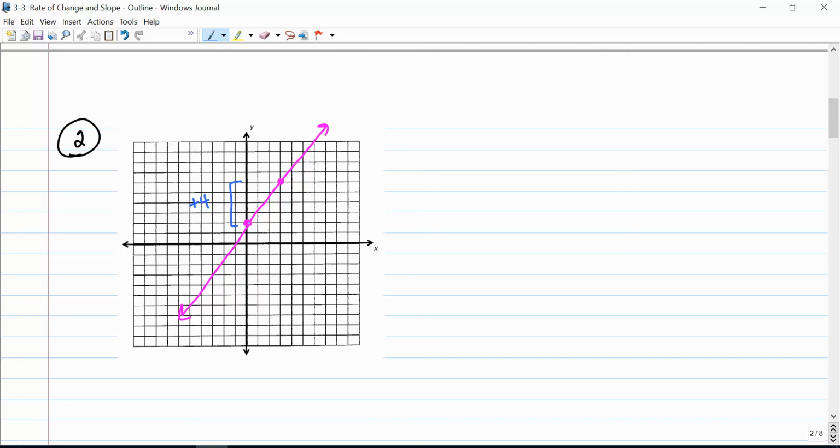And as I go from this point to that point, my change in the x direction is this right here, and that's a positive 3. So my rate of change is going to be a positive 4 over a positive 3, or leave it as a fraction, 4/3. And whenever we're talking about rate of change, or as we'll see in a minute, slope, we always leave it as an improper fraction. We don't write it as a mixed number.